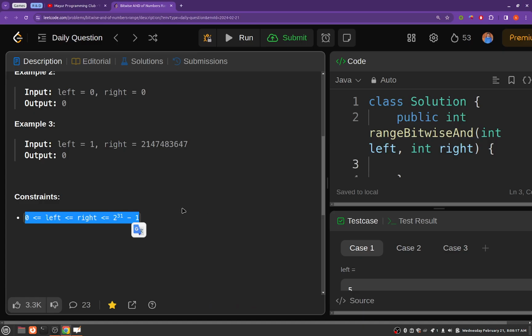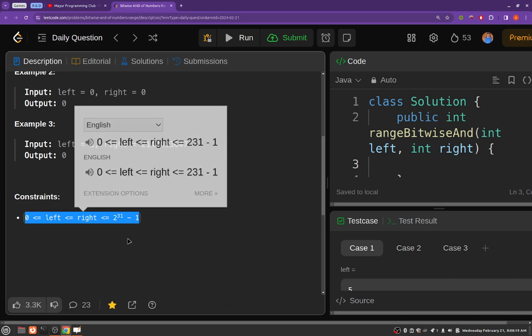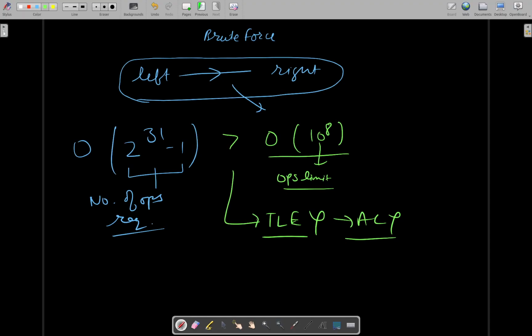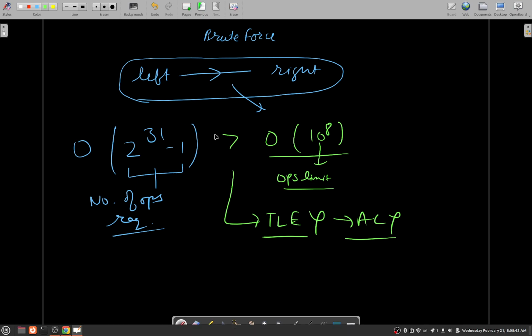So the constraints are so large that a linear solution will give you time limit exceeded, and that is the tricky part in this particular question. So we should devise a method to get around this limitation of running a linear loop.